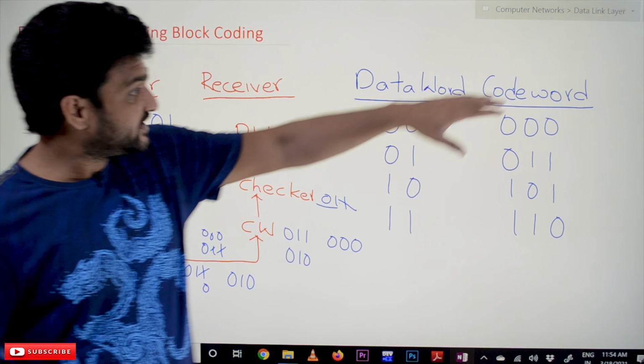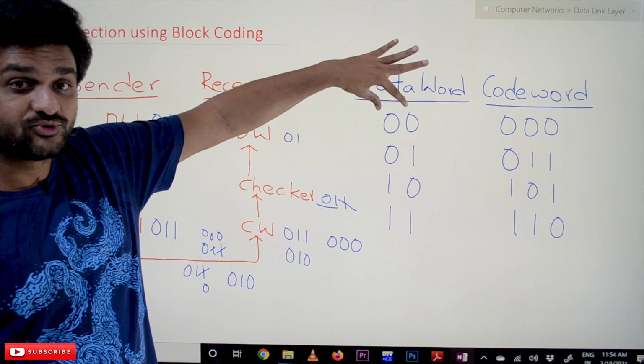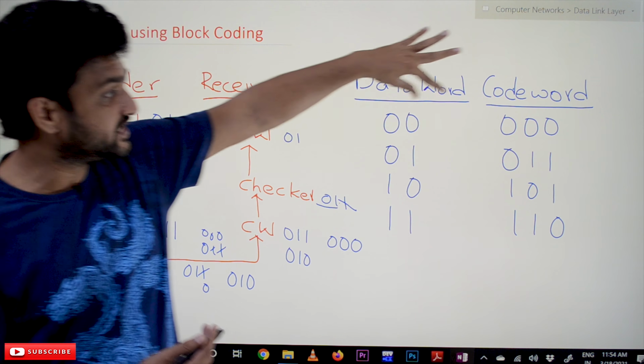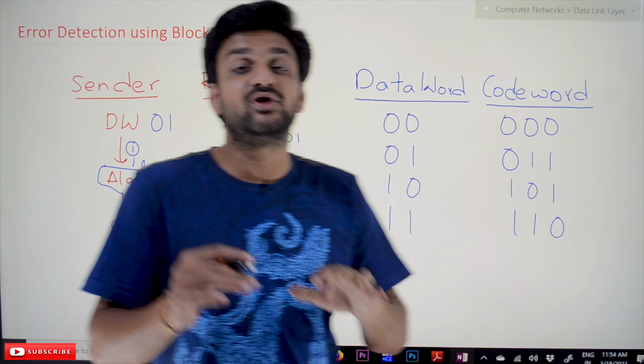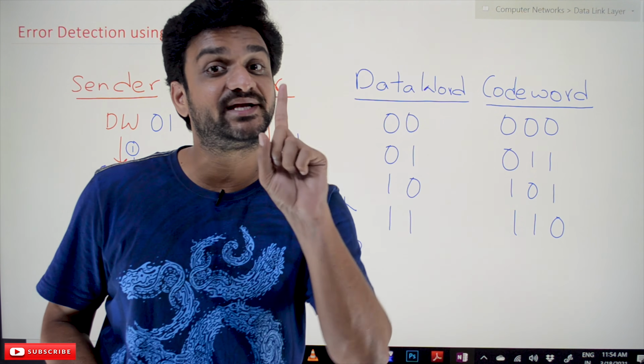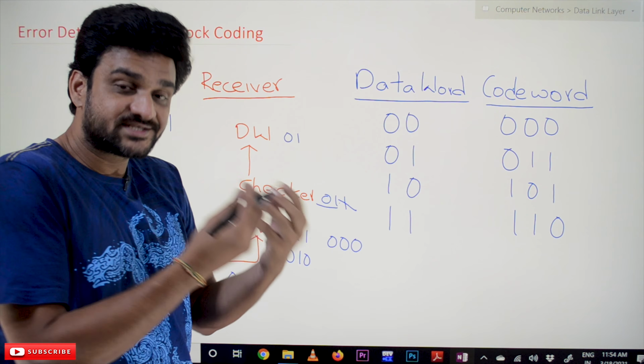So this entire coding scheme of 2-bit data words with a redundant bit of 1 is capable of identifying only a 1-bit error. Let's understand this again.